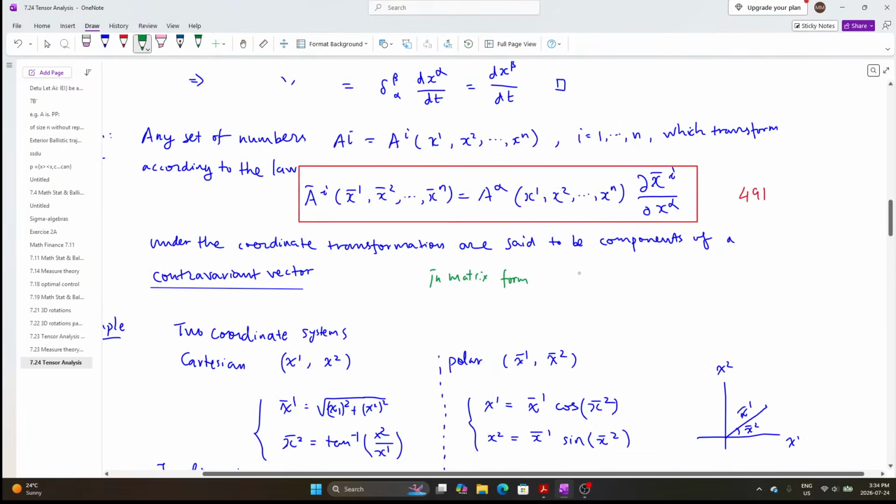So this really just says A bar 1 all the way to A bar n column vector is what? This is A bar n. Hang on.